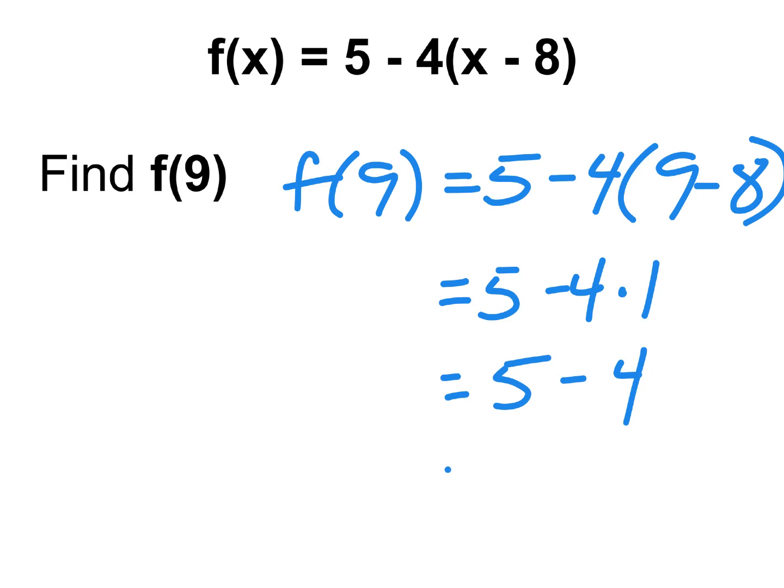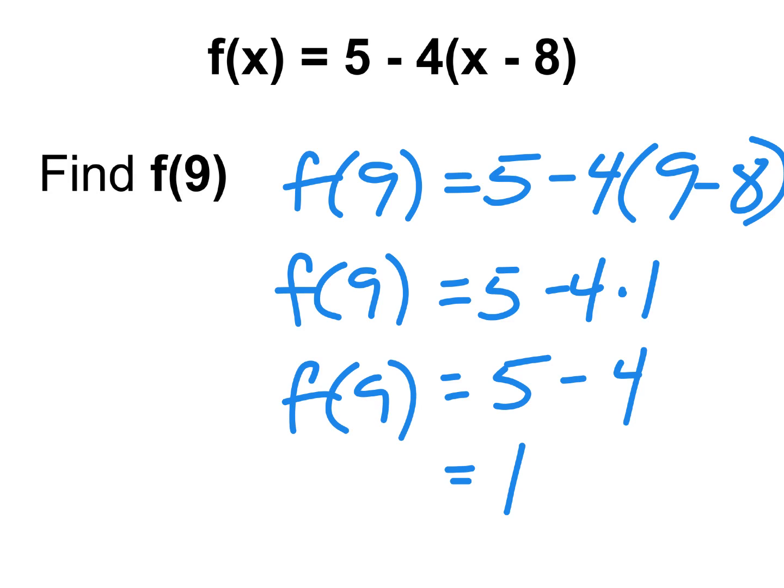And now I can go ahead and do the subtraction finally. So we get a final answer here of 1. And all of these are what f of 9 equals. And so by writing that answer as f of 9 equals 1, you have in that one line both the x value and the y value that are connected there.